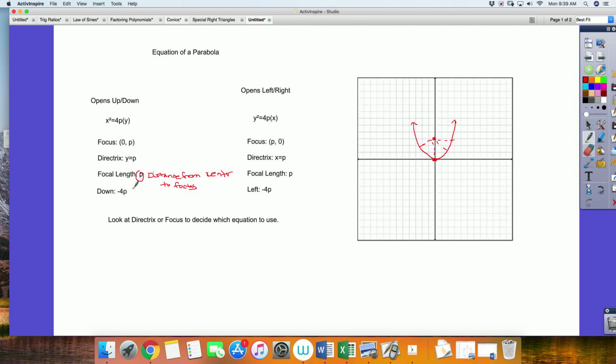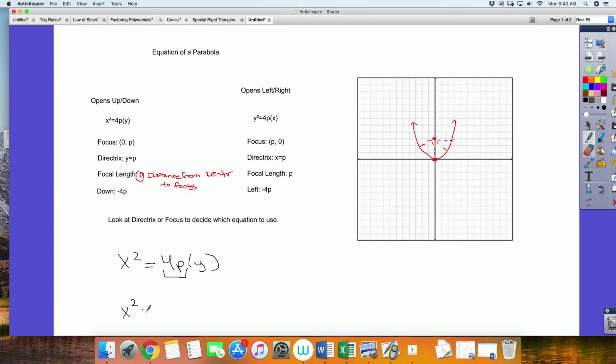Now the p-value is very important because if we look at our equation, if I have a parabola that opens up or down, notice our equation is x squared equals 4p times y. So if I want to find my focal length, I have to look at what number is in front of the y and then set it equal to 4p.